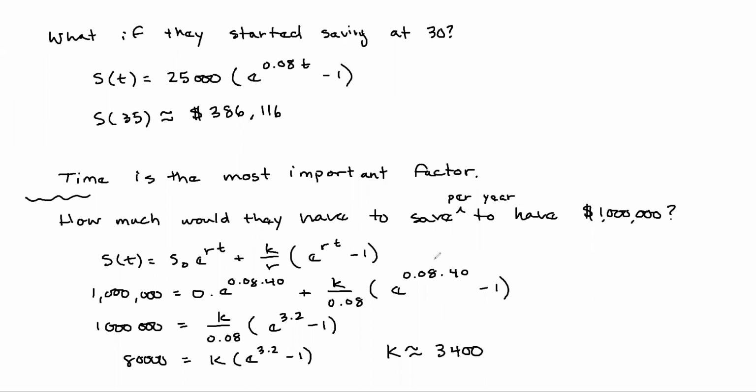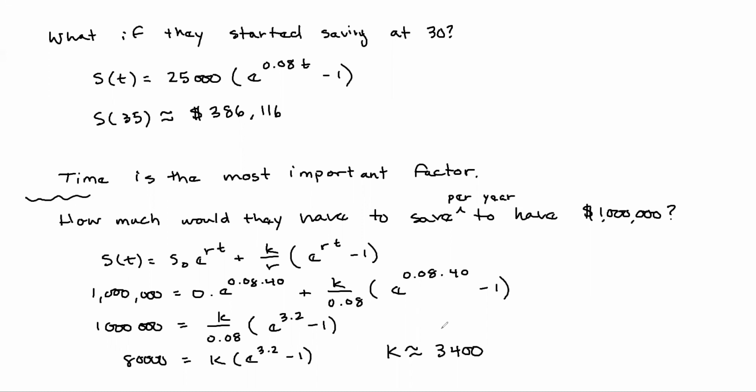So if you want to save $1 million, and you're age 25 or below, and you can get an 8% return, if you're investing your money in the stock market, just putting it into an S&P 500 fund, then an 8% return over a lengthy period of time is not unachievable. So you could make the assumption that you'll get an 8% return over the next 40 years. 40 years is a very long time period.